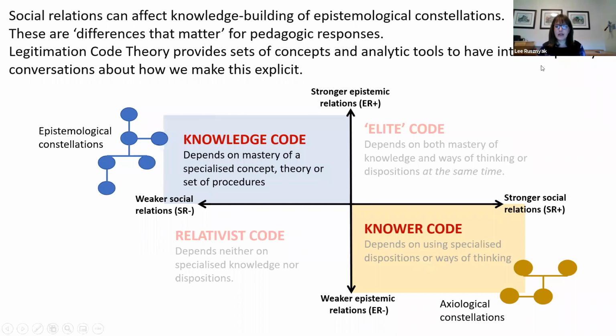And so, in effect, what we're trying to argue here is that even though we were all dealing with epistemological constellations in evolution, in teachers' work, and in an engineering approach, there were social attributes of our students that we really had to consider.